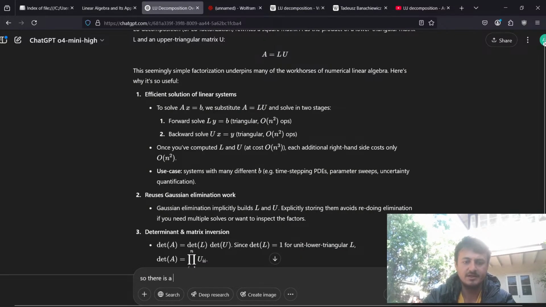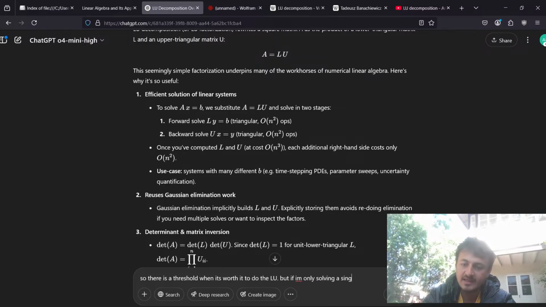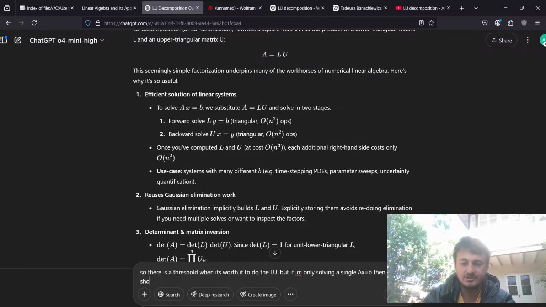So there is a threshold when it's worth it to do the LU. But if I'm only solving a single Ax = b, then maybe I should just do normal row reduction on the augmented [A | b].